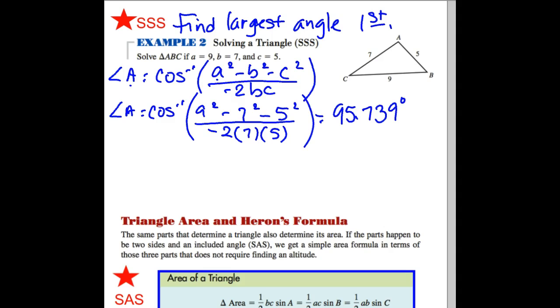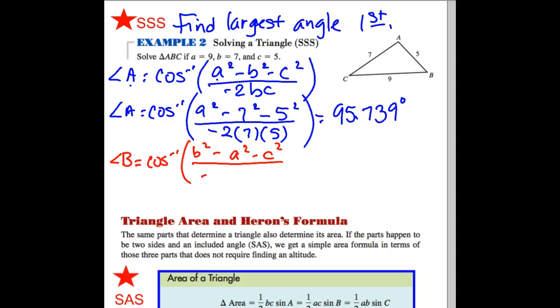Okay, all right, so if we are going to find, say, angle B next, thinking about that same pattern we had for finding angle A, we would have cosine inverse of what? It's going to start with a B squared, right? Because we're finding angle B. So we'd have B squared minus the other 2.